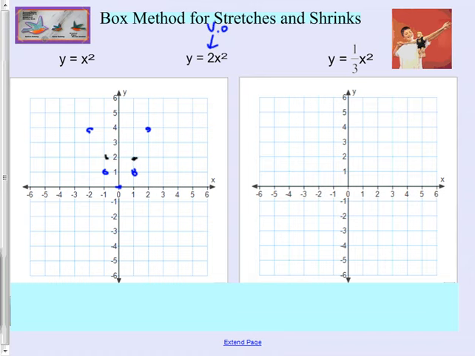So here are your new points, over 2 and up 8, unfortunately off of our smartboard. But I'm going to remove that and that and that and that. And there we have it. Basically, it looks like it's been stretched. You grabbed it and pulled it upwards. Any questions on that kind?